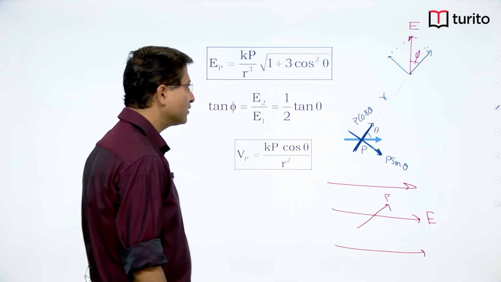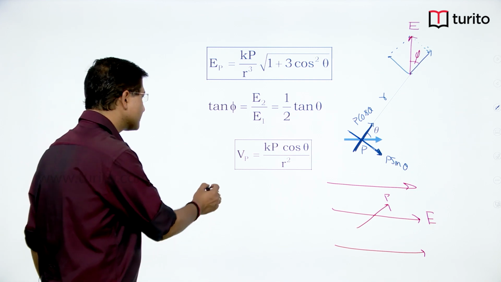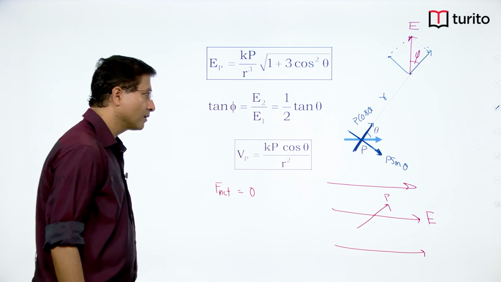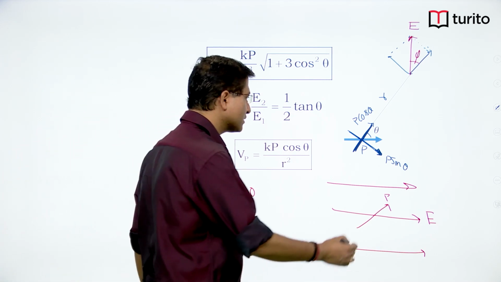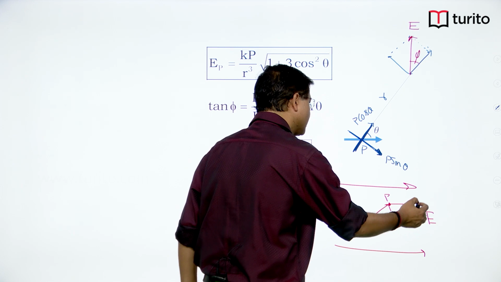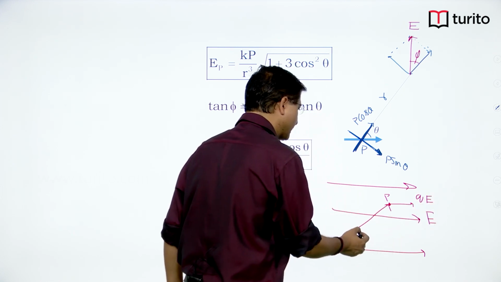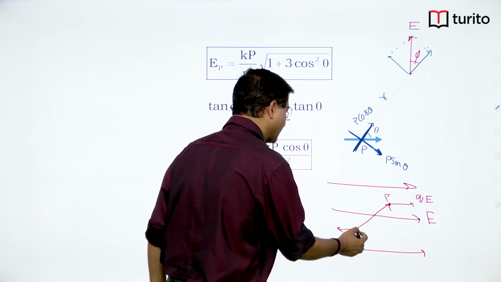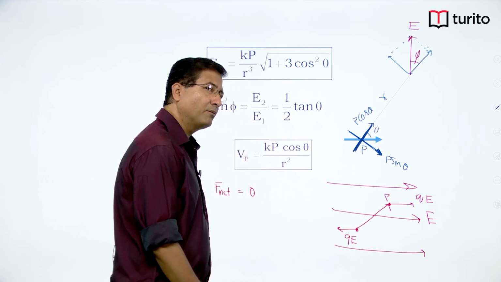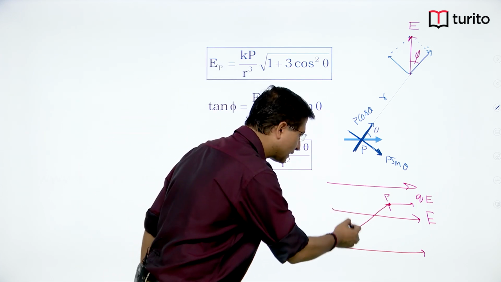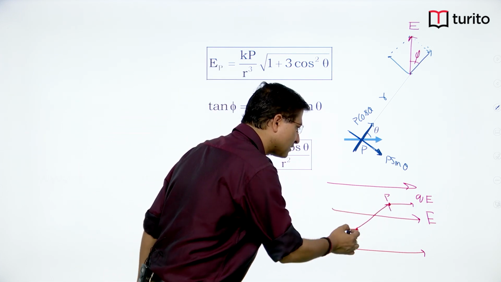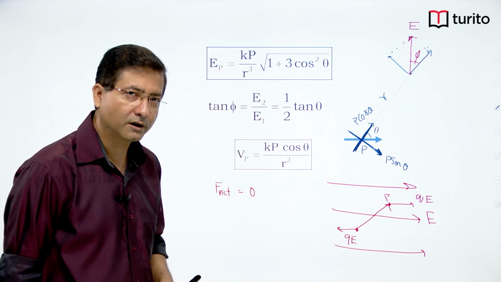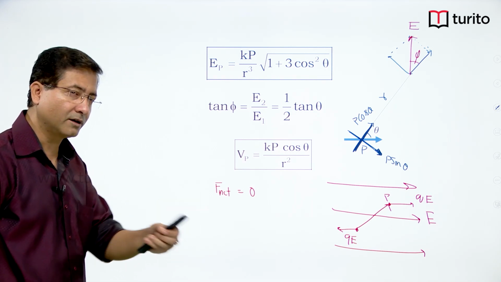When a dipole is placed in a uniform field, the net force it experiences is 0, because on the positive charge the force is in this direction along the field, QE, and the force on the negative charge will be opposite to the field, that will be QE. If you look at the free body diagram, this force will cancel this force and the net force on the dipole will be 0, provided it is placed in a uniform field, right. Non-uniform field we will discuss today.